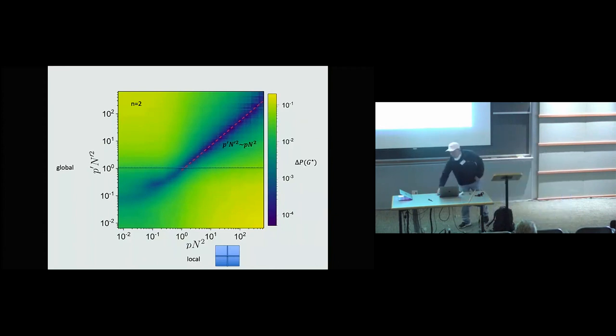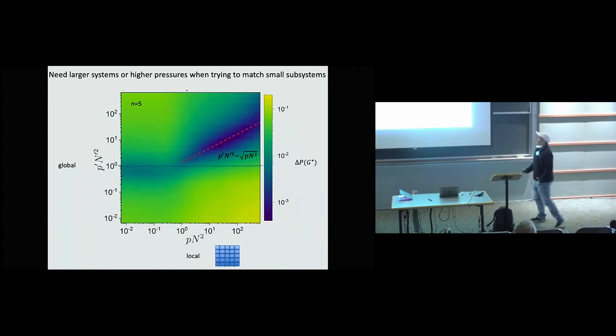An interesting fact is that this doesn't work the same when I break it up into smaller subsystems, but I can still do it. The slope on this log-log plot is a little bit different, so the P and the n have to change from the global system, but it still works.